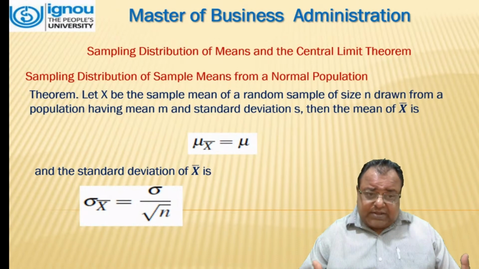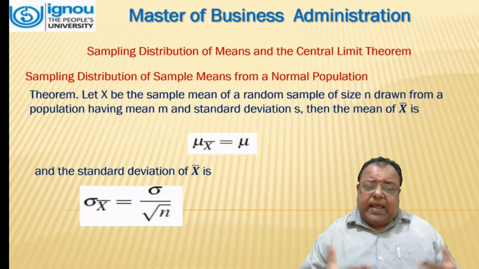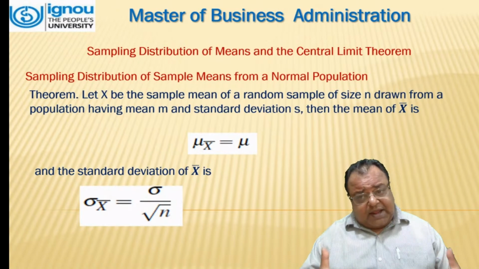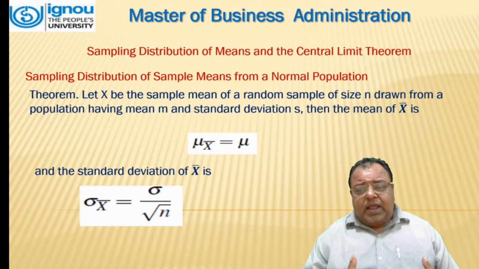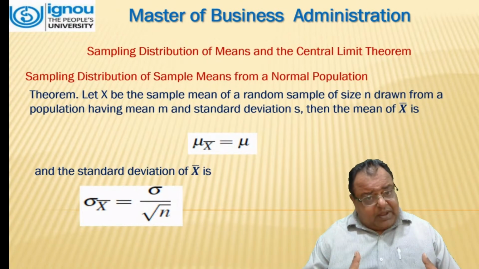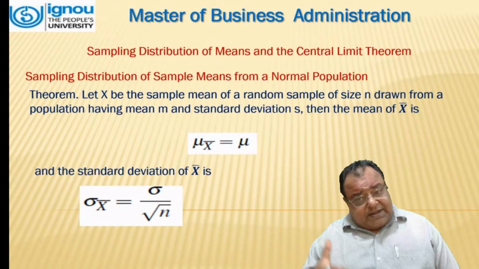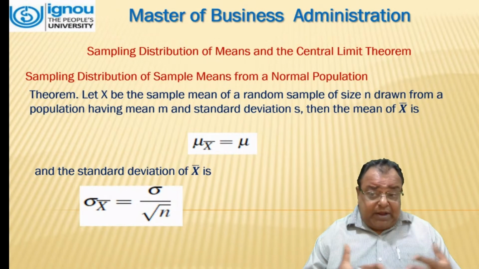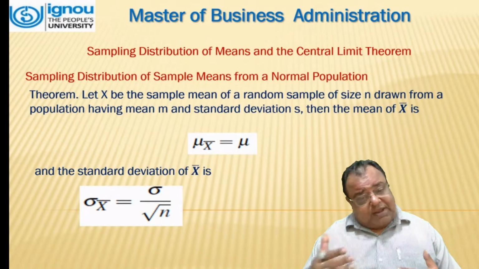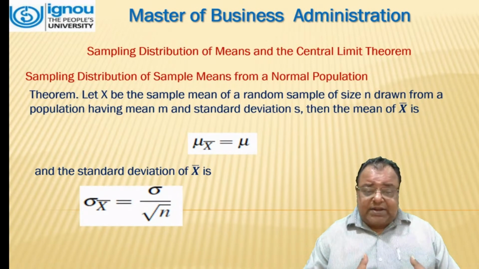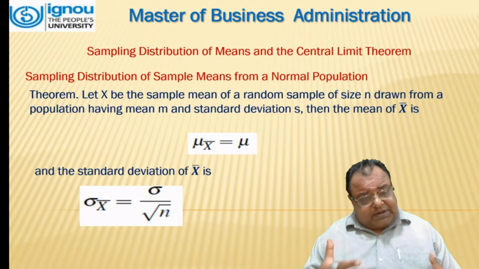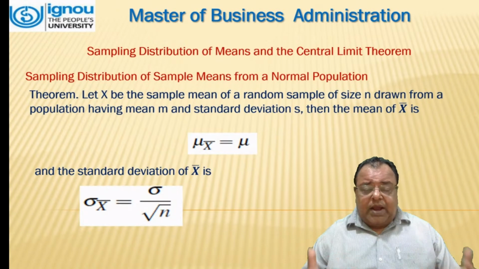The theorem states that if x bar is the sample mean of a random sample of size n, drawn from a population having a mean mu and standard deviation sigma, then the mean of x bar is mu x bar equal to mu, and the standard deviation sigma x bar is equal to sigma divided by square root of n.